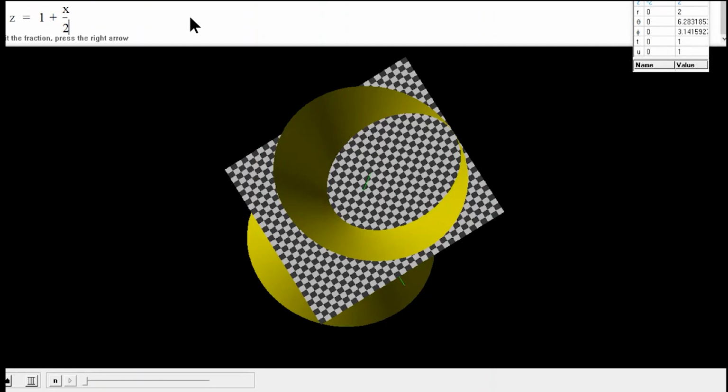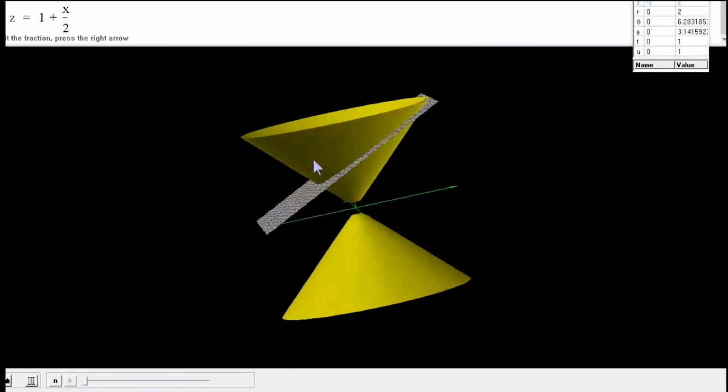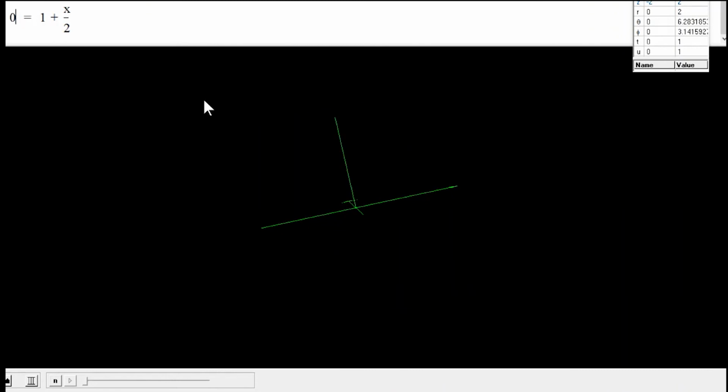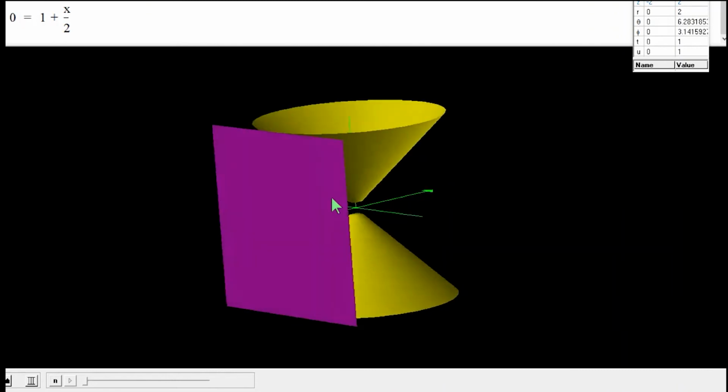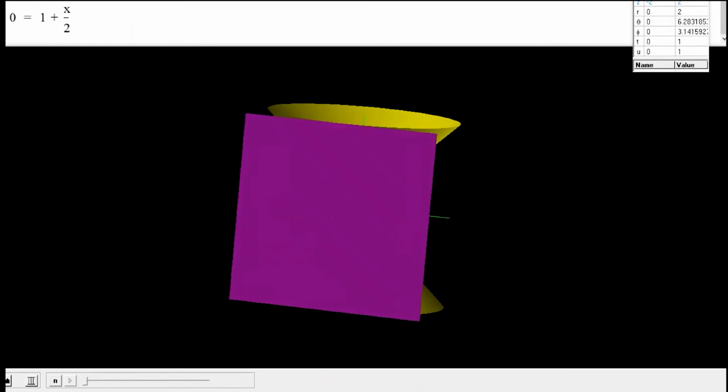Well, finally, I'm going to make this thing vertical. Remember in the case of the parabola, this was parallel, then it was shallower, but now it's steeper. I'm going to zoom out now.